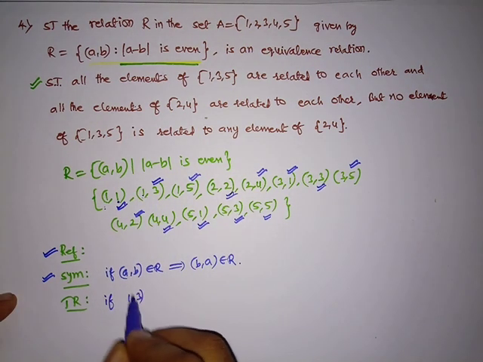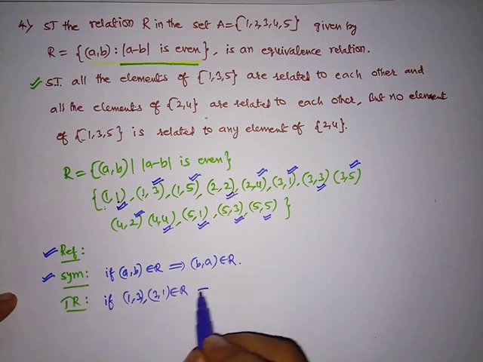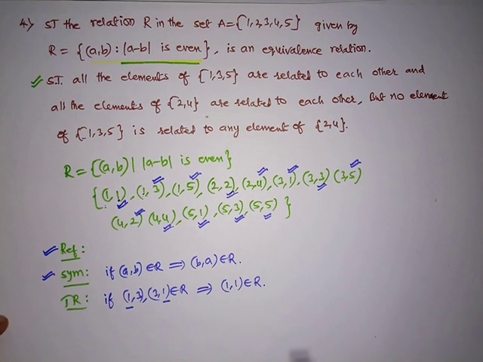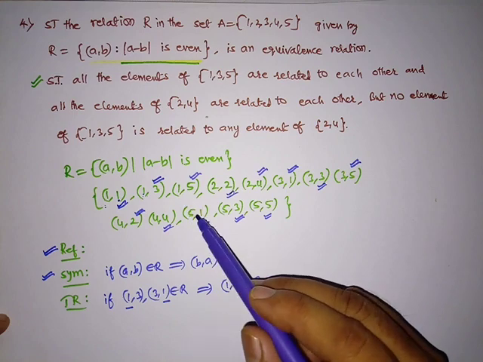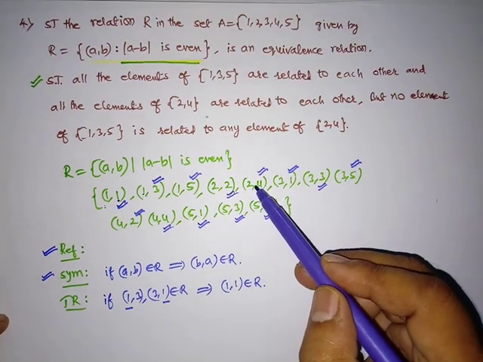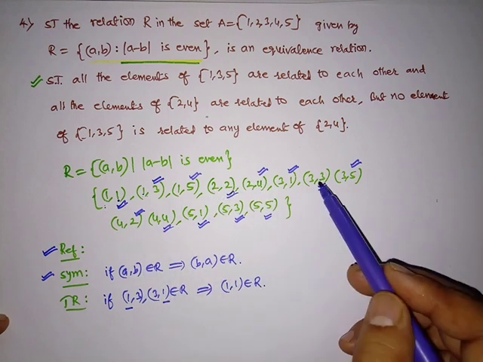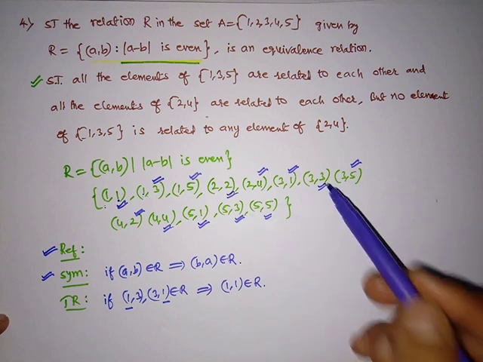If 1 comma 3 and 3 comma 1 are both present, can you write that 1 comma 1 is present? Yes, 1 comma 1 is also present in the relation. Now consider anything else: 1 comma 5, 5 comma 1, again 1 comma 1 is present. 2 comma 4 is present, 4 comma 2 is present, again 2 comma 2 is present here. 3 comma 5, 5 comma 3, 3 comma 3 is also present here.